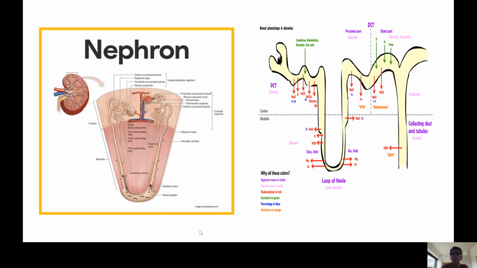Here is a fabulous slide that shows the nephron and also the renal physiology and diuretics. I did it on one slide so that you could see them side by side. I would love to be playing this video as we're going through this, but I'll talk you through it just a little bit.